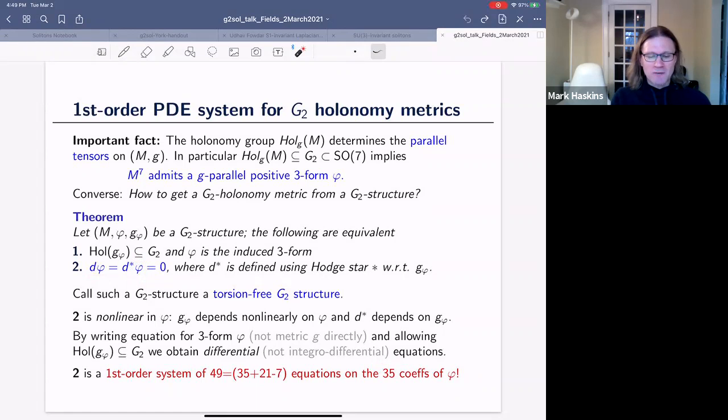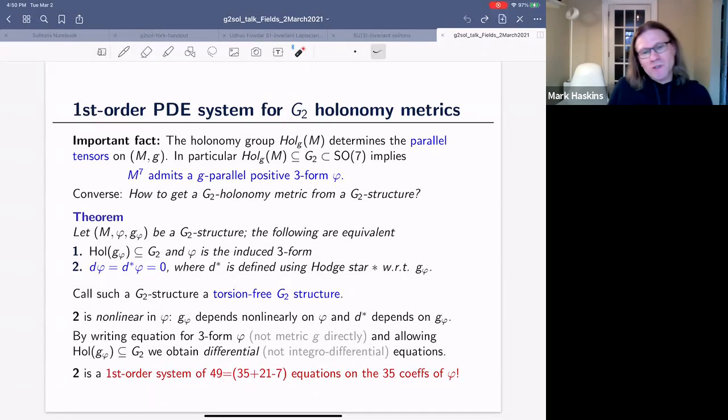We've got a vanishing of a four form and the vanishing of a five form. So it's also like a three form and a two form. That gives us 35 conditions and 21 conditions. But it turns out they overlap by 7. And so what we end up with is 49 equations for these 35 coefficients.